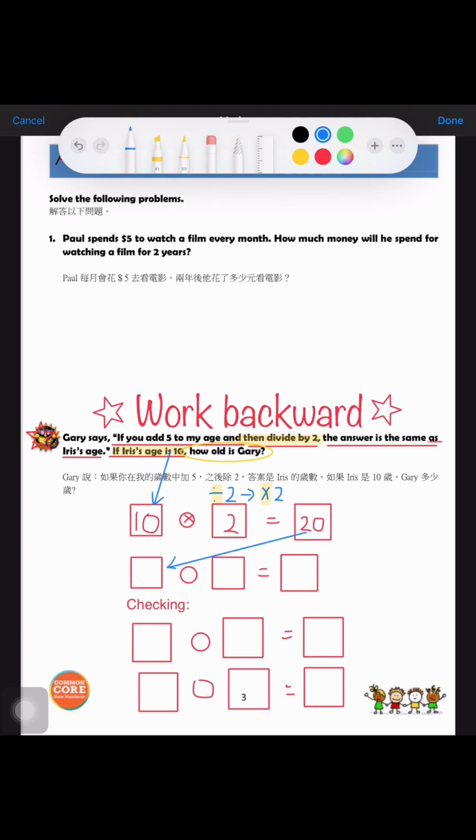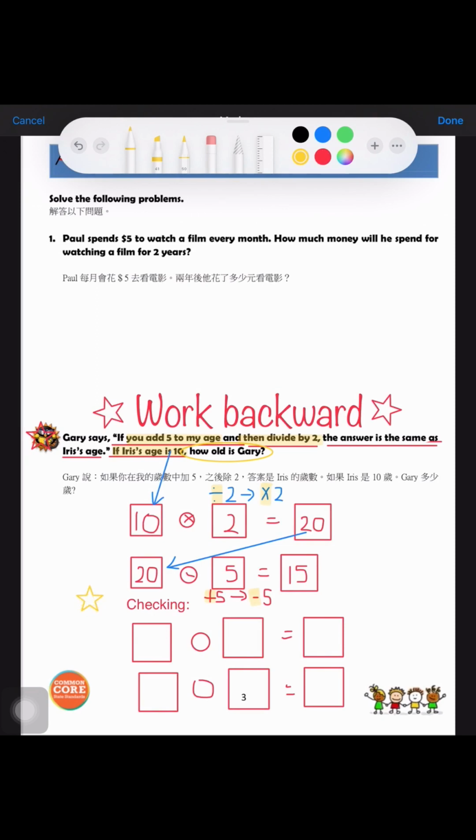And then we duplicate this answer. And then Gary says if you add 5 to his age, then it becomes 20. So we turn add 5 to minus 5. So 20 minus 5 equals to 15. So his age would be 15.